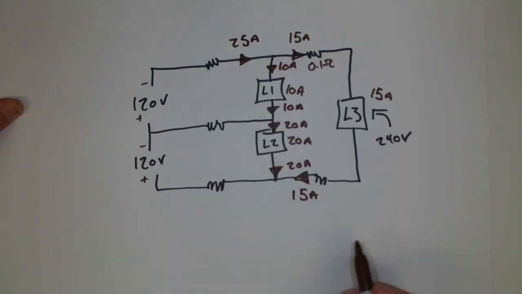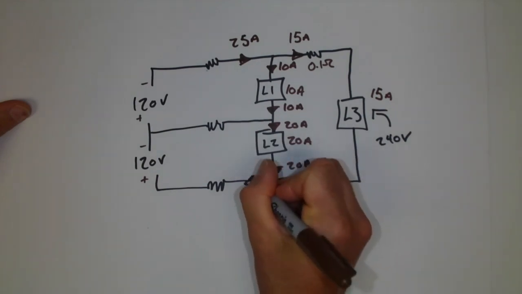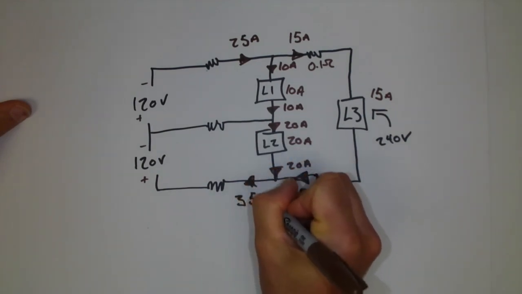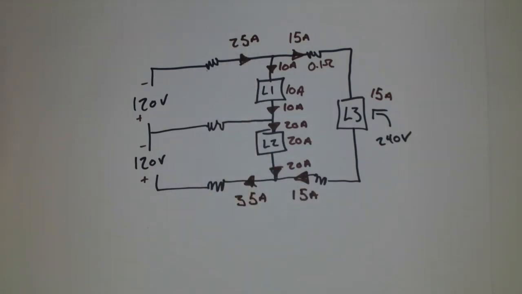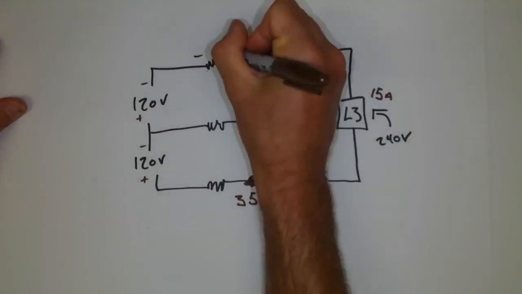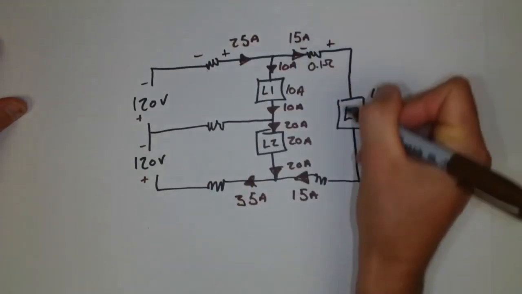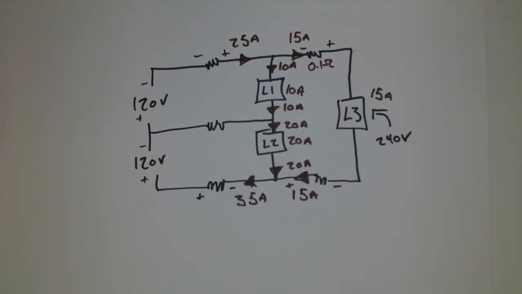And of course, on the bottom, 15 amps and 20 amps gives me 35 amps. The difference between the two, 25 and 35, is 10 amps, and I know that that would have to be on the neutral. So right off, I'm going to apply a polarity to all of these individual resistance values.